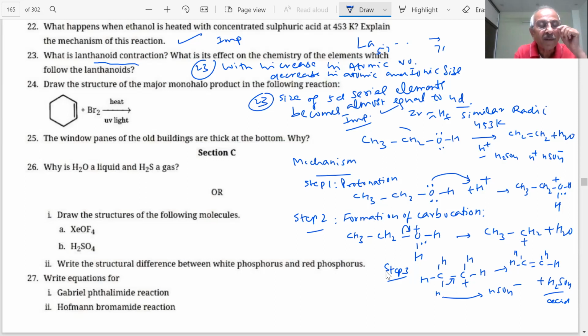Next question, student. Br2, heat and UV light. Important question has been asked. Br2 in the UV light will create radicals, student. And this is not an addition reaction at the double bond. So it will be a substitution reaction, free radical halogenation, which we have shown in the chart book.